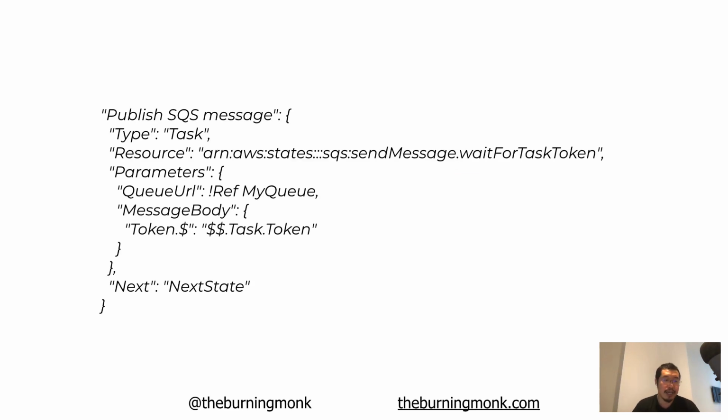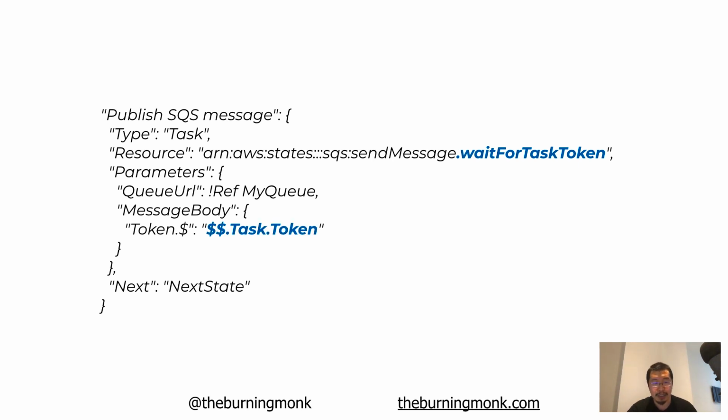And this is what it looks like in the state machine's definition, where for integration with SQS, you have a very special ARN, which tells step functions to please call SQS.sendMessage, and with the suffix of .waitForTaskToken, it tells step functions to generate a task token, stop the execution and wait for the outcome from the task token.